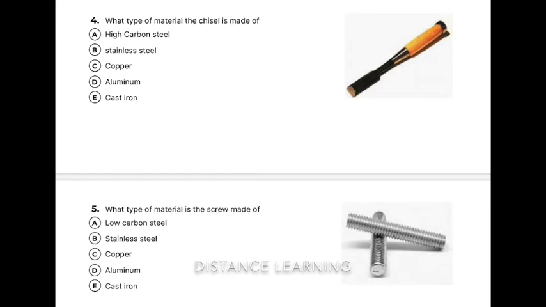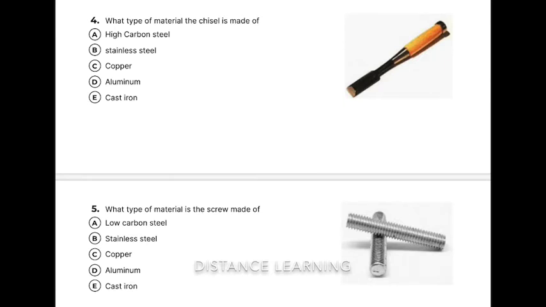Question number 3 stated: how is it being made? From the name cast iron, the material obviously is being casted. So sand casting is a famous method for making pipes and so on.